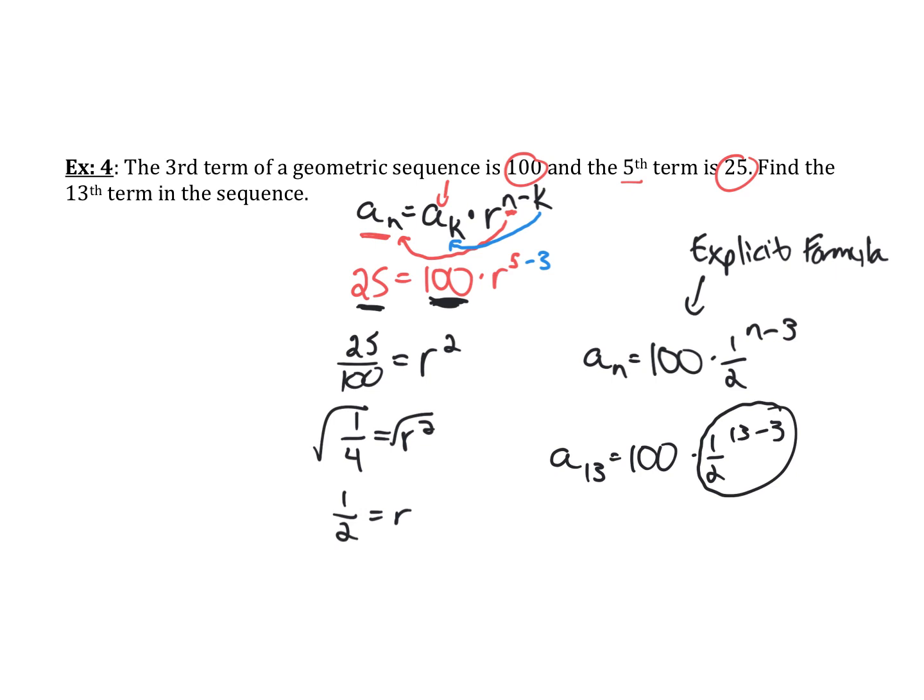So you have to do 0.5 to the 10, and then multiply that times 100. If we round to, I don't know, 3 decimals, you get a sub 13 equals 0.098.